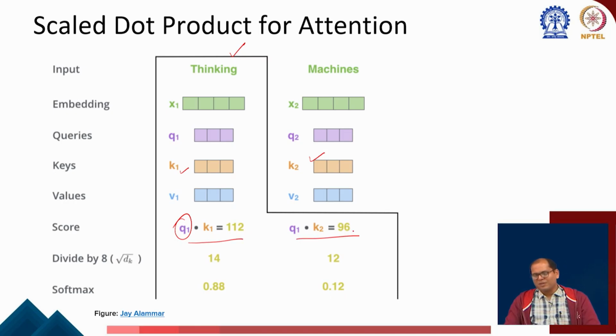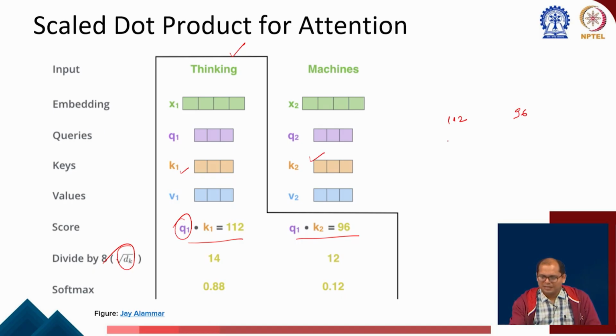Right now you see the numbers are quite large, right. While we talked about the reason for scaling the dot product, which is to maintain mean 0, variance 1, you see it has another impact on the final computation. You can relate it to scaling these logits, right. Suppose you have just 112 and 96, and I want to get the attention distribution.